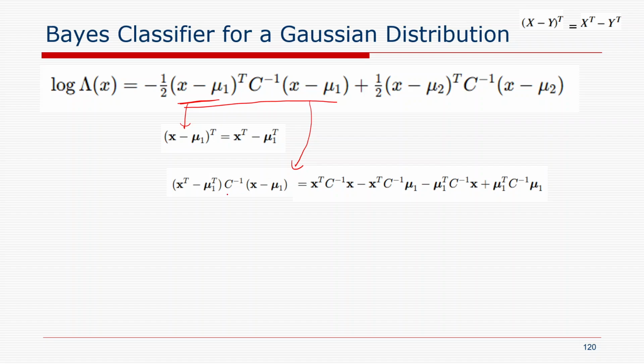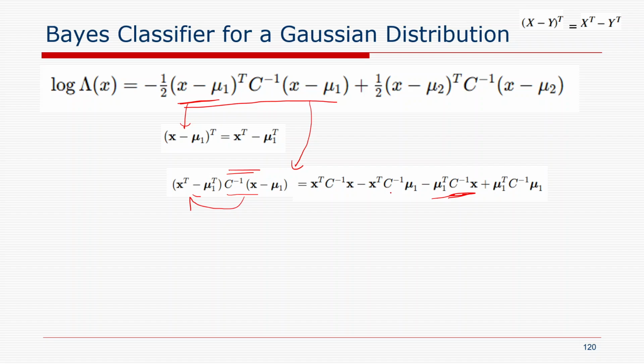Now we will take these terms one by one inside. Therefore, the first term will be x transpose C inverse x, and the second term will be mu1 transpose C inverse x, because when we take this term inside, it becomes this one.